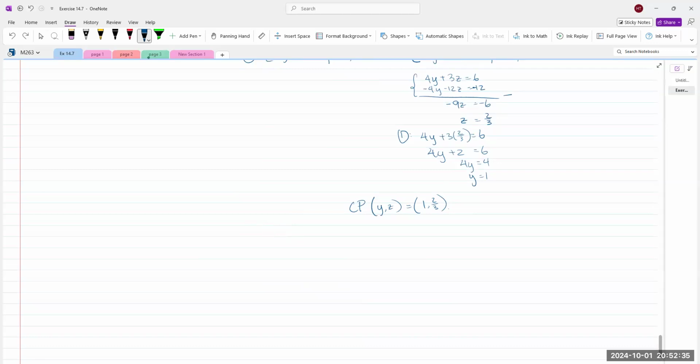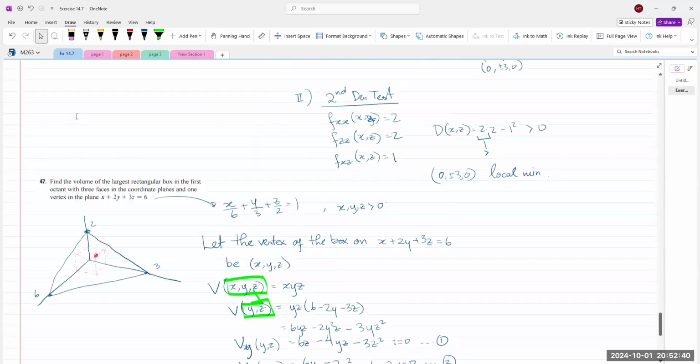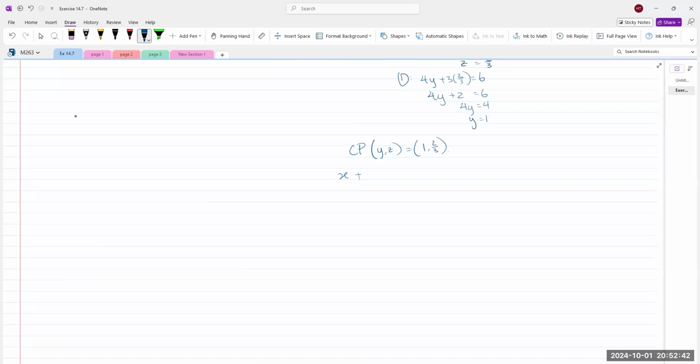What's the x? x plus 2y plus 3z equals 6. So x plus 2 plus 2 equals 6, x equals 2. Okay, so the coordinates associated with the critical point are this. Therefore, the largest volume is the product of those three, which is 4/3.